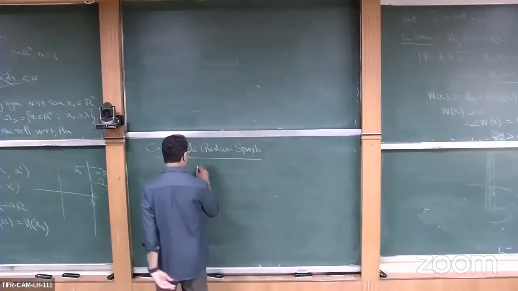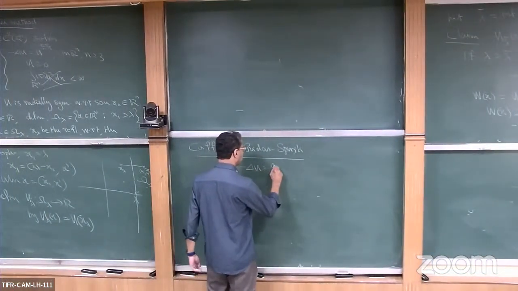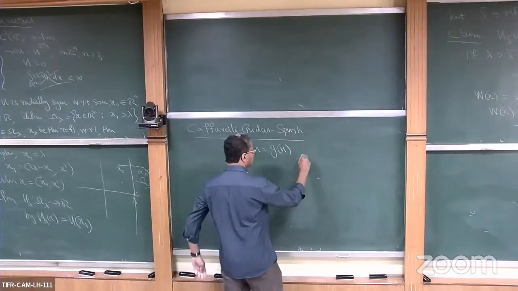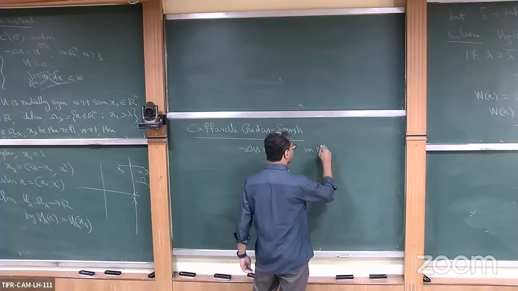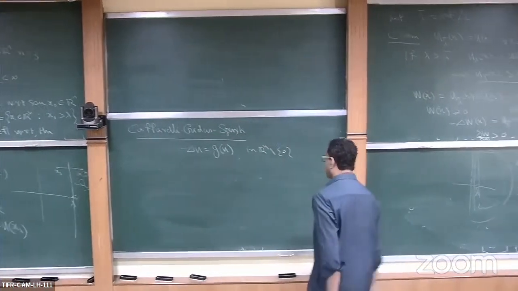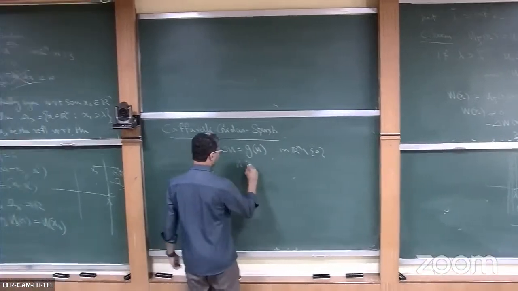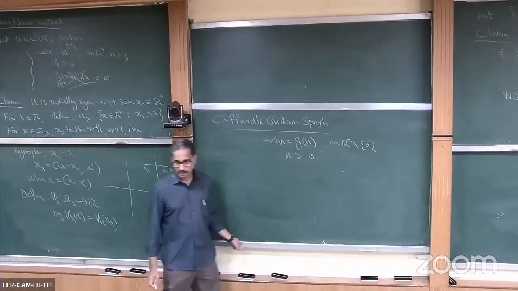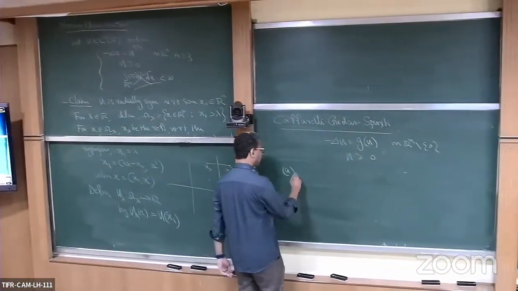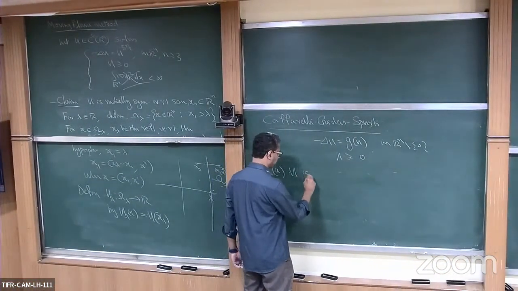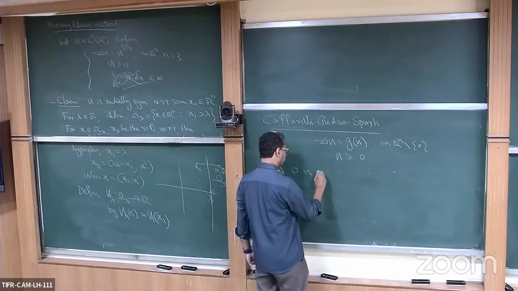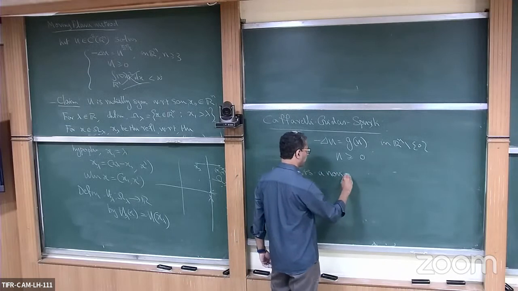So you have this equation minus Laplacian of u is equal to g of u, and this is then in R n minus the origin. So what I'm going to prove here is that, first let me take the case where 0 is non-removable.